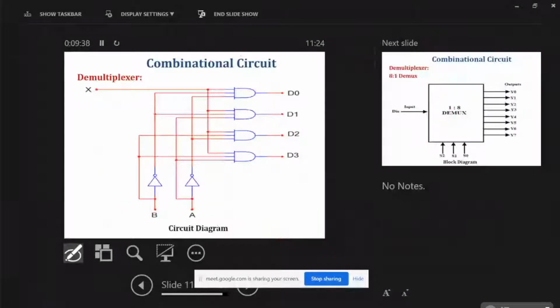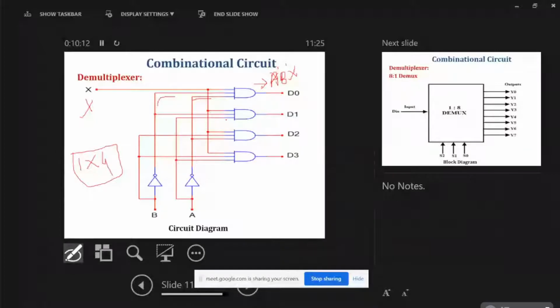This 1 cross 4 demultiplexer is like this. This is the X. For D0 it is A' B' X, so it will generate A' B' X. For the next, what is D1?